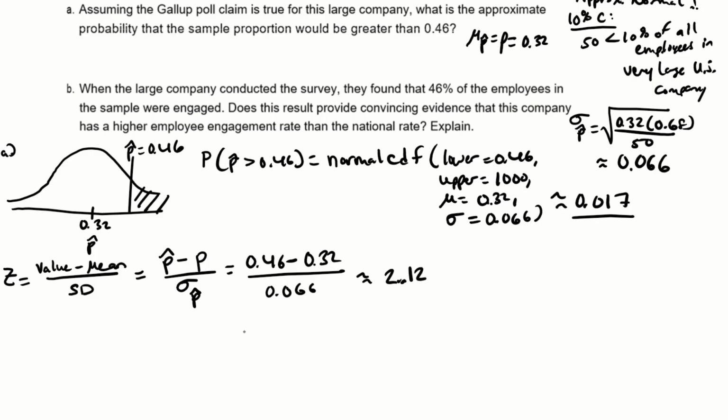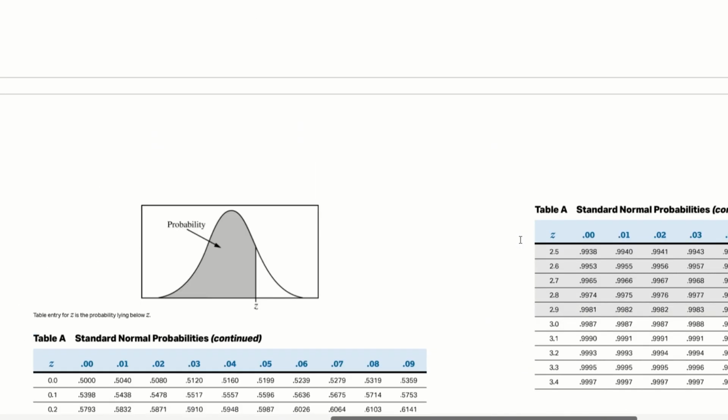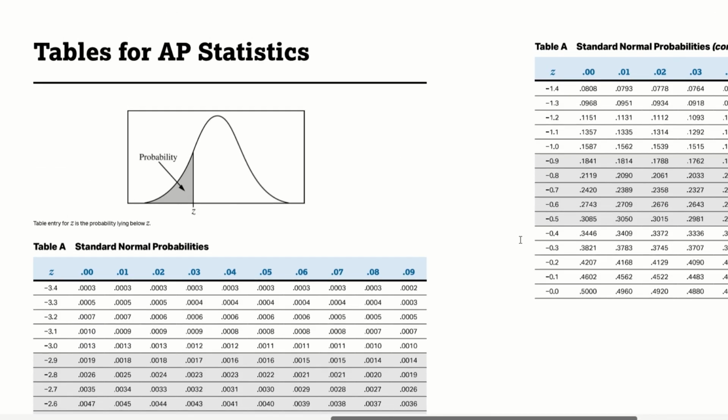Now to calculate the probability that z is greater than 2.12, because it's the area to the right, we have to do 1 minus the probability that it's less than. Remember, the table gives us the area to the left. If I want the area to the right, I have to subtract from 1. So let's look this up on the table that comes with your AP tables for the AP exam.